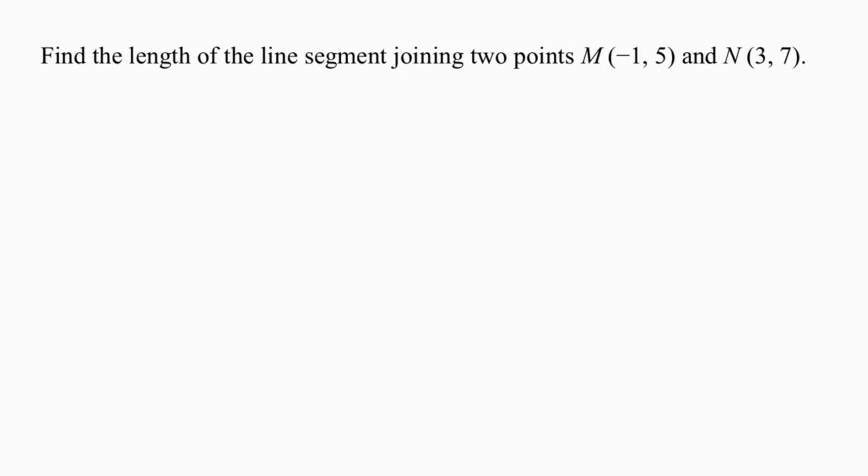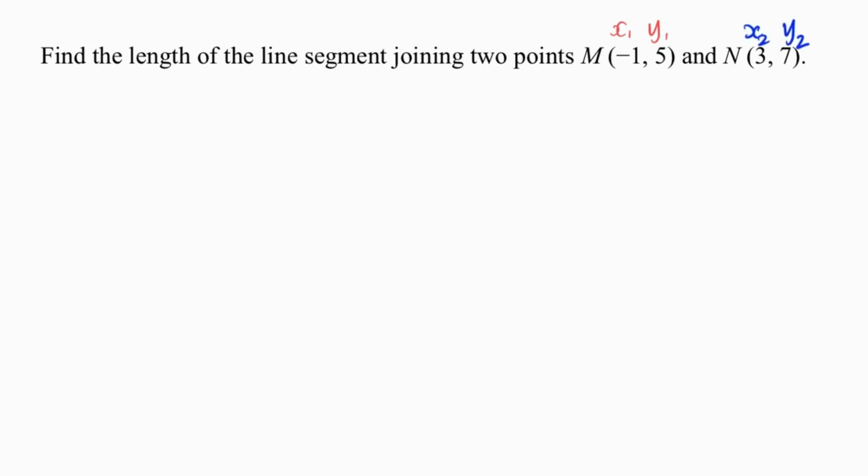Hello everyone, for this part of the problem, we are required to find the length of the line segment MN, and this is what Mr. Tan would write. I will have my x1, y1, x2 and y2.